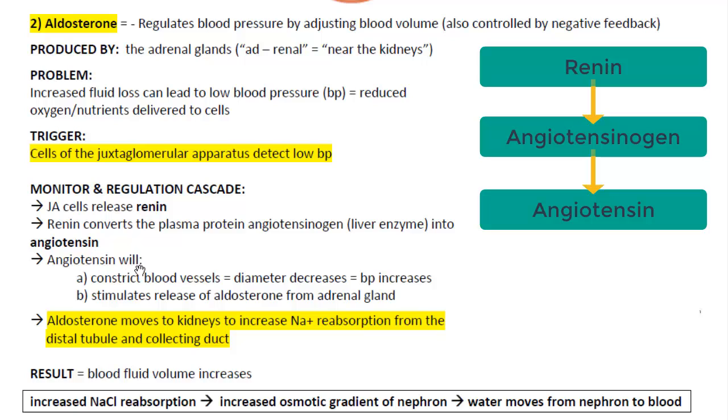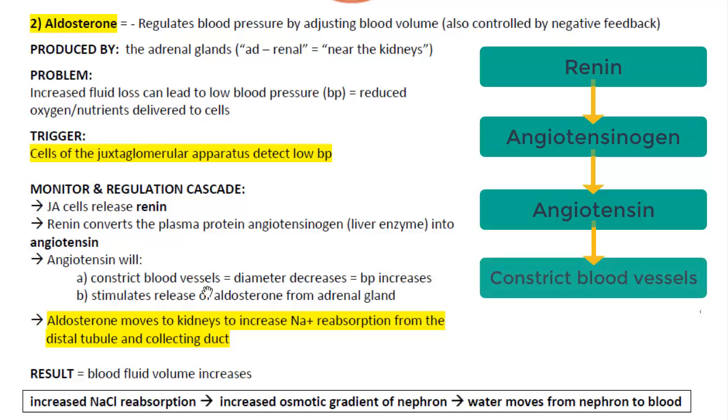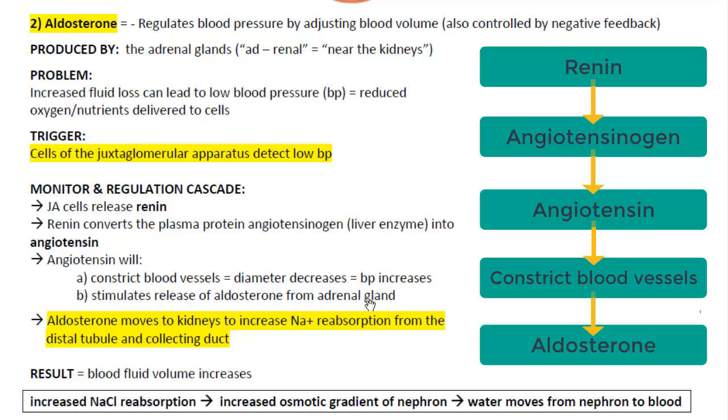Angiotensin's job then is to constrict the blood vessels. That means that the diameter of the arteries is going to decrease. And because I'm squeezing the tube, I've got the same volume in a smaller tube, I'm going to increase the blood pressure. When you do that, that's the trigger to release aldosterone from the adrenal gland.